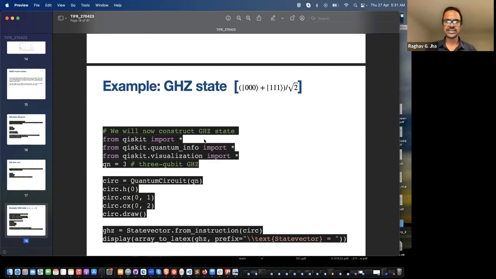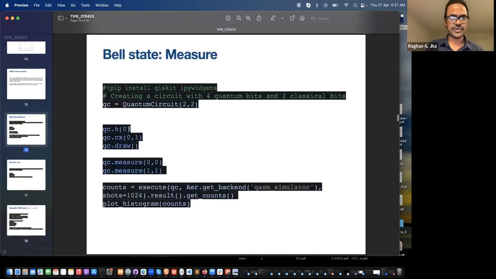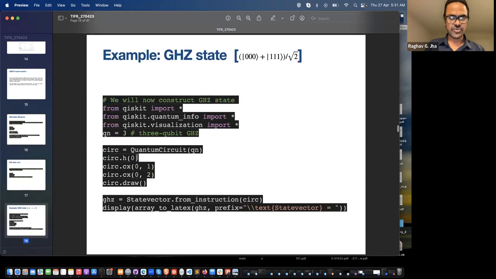And for example, we can construct this now. Constructing this state is very similar to constructing the Bell state. So in the Bell state, what we did is we did the Hadamard on 0, control NOT on 0 and 1. And for this case, what we'll do is we'll do a Hadamard on 0, controlled NOT on 0 and 1, followed by a control NOT on 0 and 2.